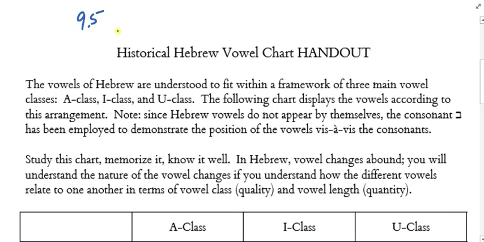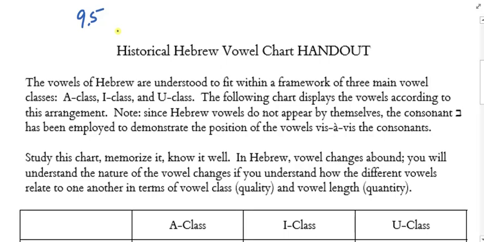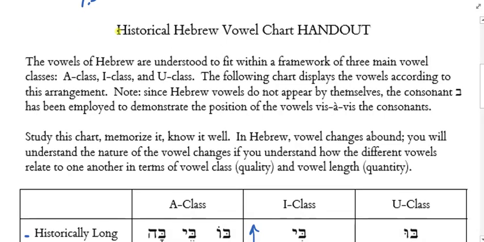And the following chart displays the vowels according to this 3-vowel chart arrangement. Now, remember, the Hebrew vowels do not appear by themselves, so we will be using the consonant bait to demonstrate the position of those vowels compared to the consonants. So I really encourage you to memorize this chart. We're going to basically get rid of the simplified vowel chart, and this is the chart we're going to use from here on out.